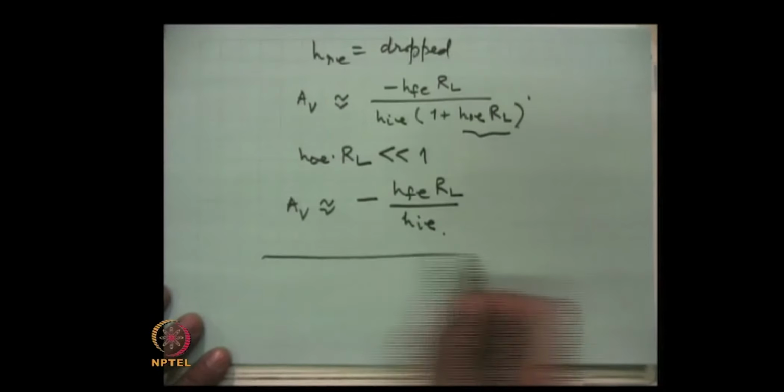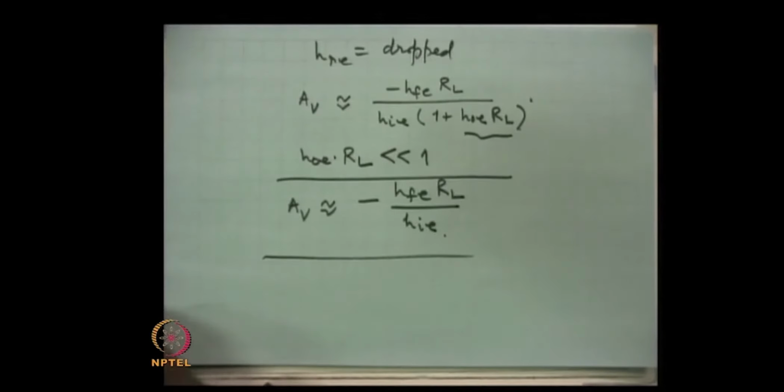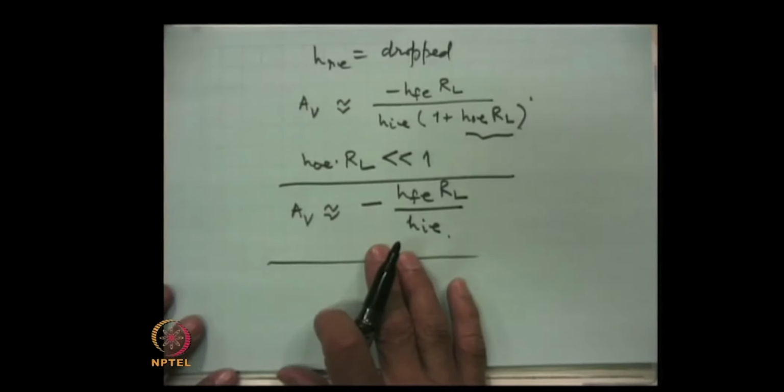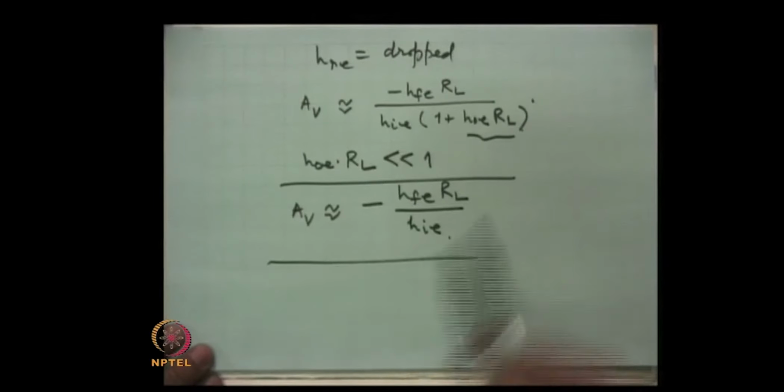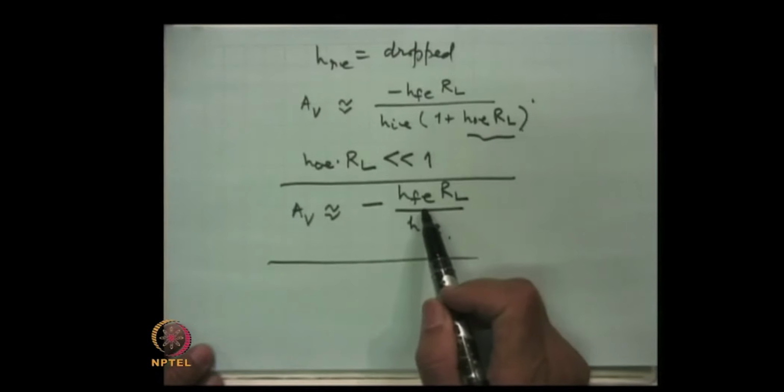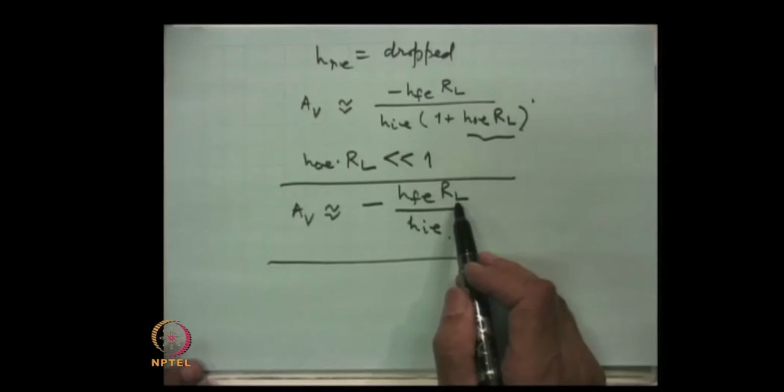So this we can remember also, and I repeat that by bringing this simplification, the accuracy of estimation suffers very little, hardly a few percent, which is tolerable in most electronic designs. So we see that the gain is equal to HFE, which is like beta, the current gain in the common emitter circuit, and RL, the load resistance.